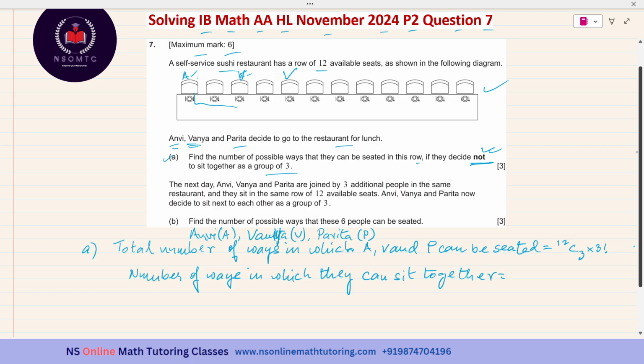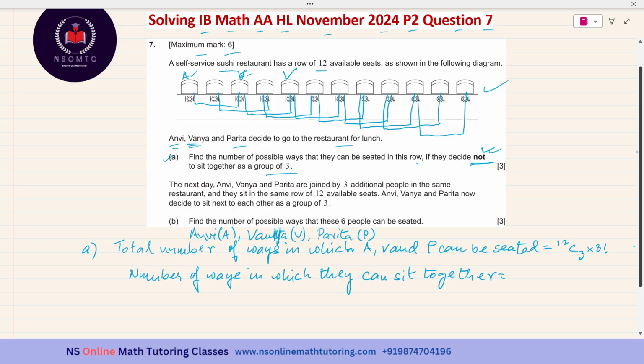So we can select these three, or these three, or these three, or these three, or these three, or these three, this one, this one, this one, and this one.